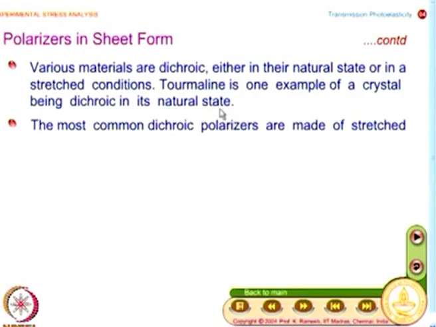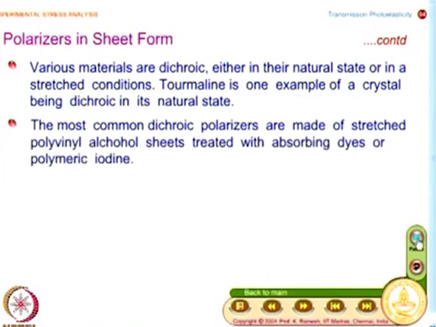And what we have seen while making the Polaroid sheets was, you had polyvinyl alcohol stretched. The most common dichroic polarizers are made of stretched polyvinyl alcohol sheets treated with absorbing dyes or polymeric iodine.